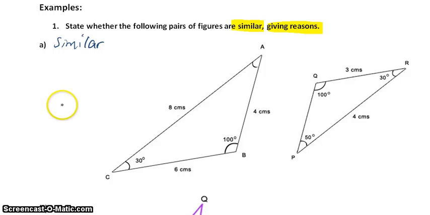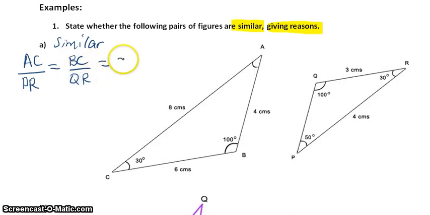And now I'm going to say why. Well, basically, AC over PR is the same as BC over QR, which is equal to 2. Because the two sides are in the same ratio, it implies the third must be.